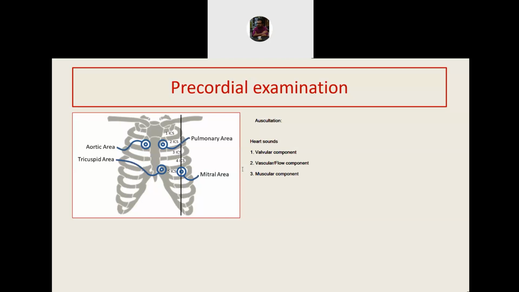So what does it mean? For example, the first heart sound is produced, we know, by the closure of the atrioventricular valves. But then that is only the valvular component. So the valvular component of the first heart sound is closure of mitral and tricuspid valve.